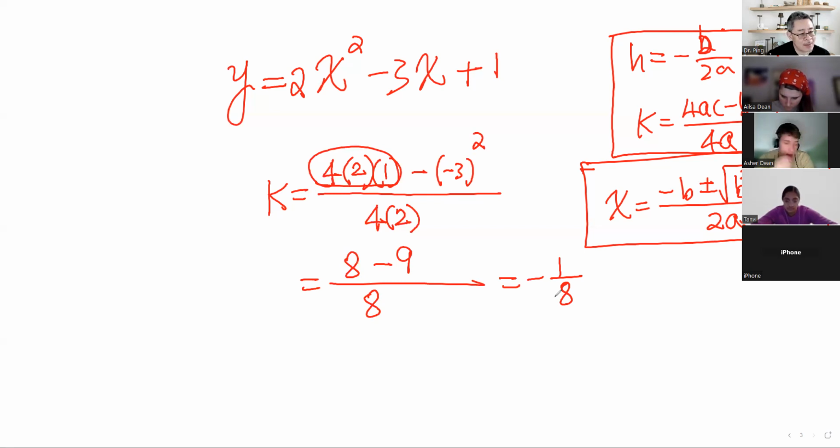For some reason I multiplied -3 times 2 instead of squaring it, so I got +6. So I'm sorry. Yeah. Good job. Okay, Tammy. And also make sure 8 minus 9, so it's -1/8. Good.